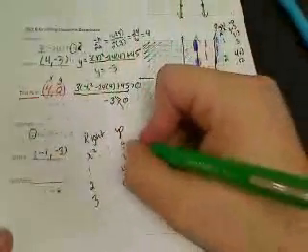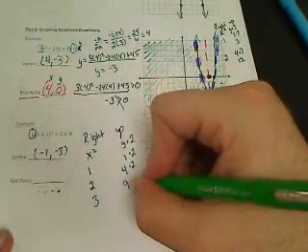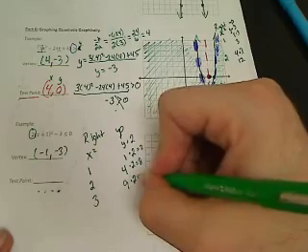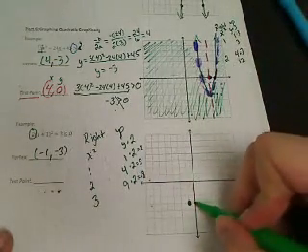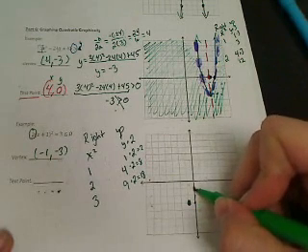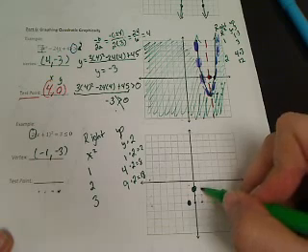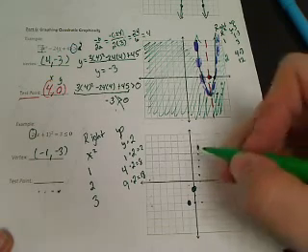A value of 2 will multiply our y's. So 1 times 2 would be 2, 4 times 2 would be 8, 9 times 2 would be 18. So from my vertex, I would go right 1, up 2. From my vertex, I would go right 2, and up 8.